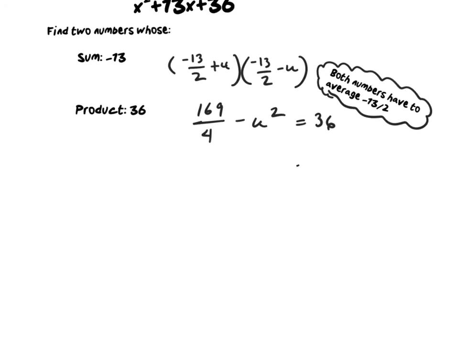All right, so I add u squared to the other side of the equal sign, and then I subtract 36 to get it to the left side of the equal sign. Now I have 169 over 4 minus 36. I get the common denominator, and then I can subtract.